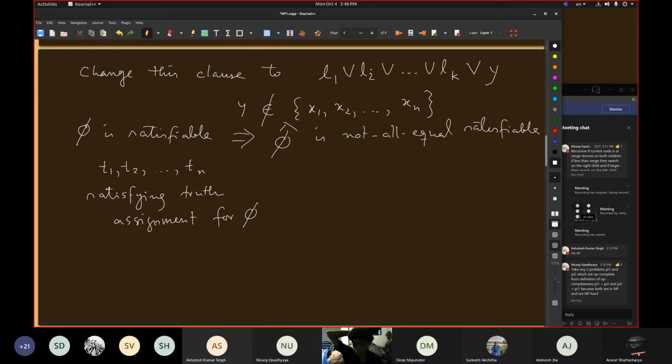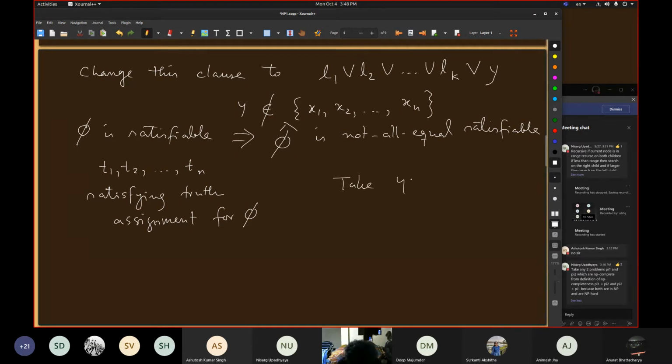So if I take y equal to false, then this converted clause has at least one true literal and at least one false literal.